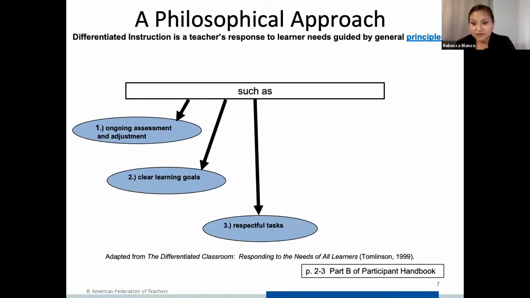We have respectful tasks, which means if we've already outlined what their needs are and what their areas of strengths and weaknesses are, we're going to make sure that those tasks that we give them are going to be respectful. So one thing that we have to do in the lower grades and maybe even the upper grades, right? When you're talking about math and problem solving, you know where your students are.